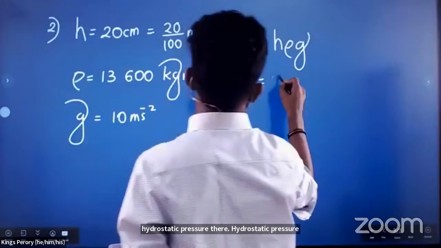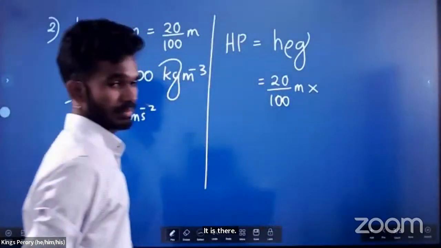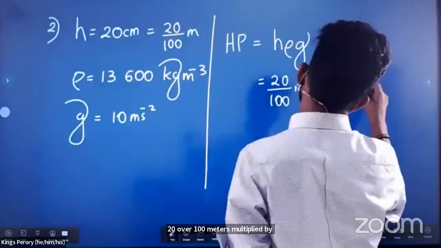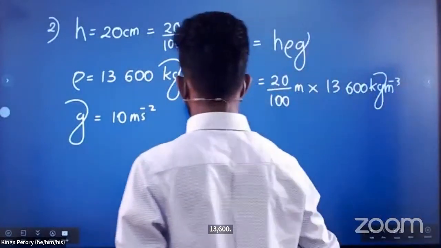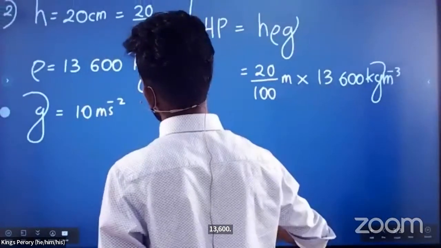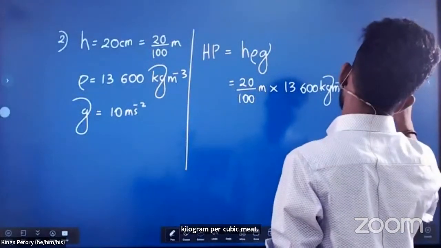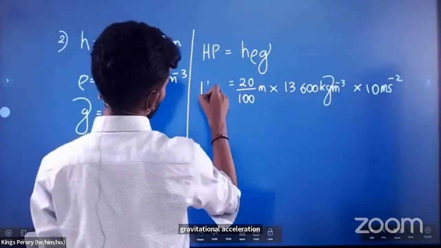H is 20 over 100 meters multiplied by the density of mercury, 13,600 kilogram per cubic meter, multiplied by gravitational acceleration, 10 m s to the power minus 2. Do the math there.